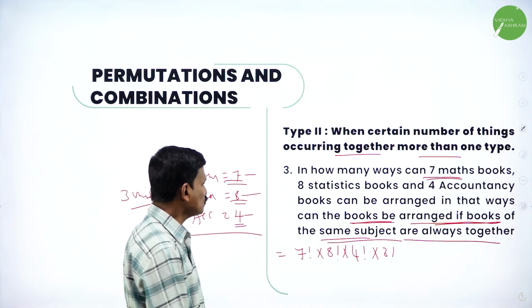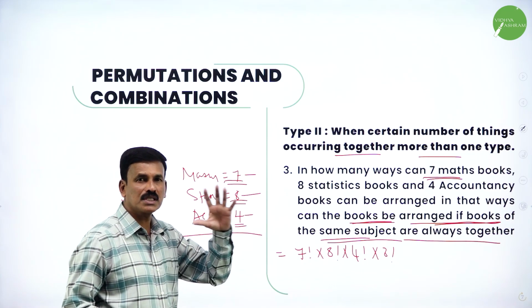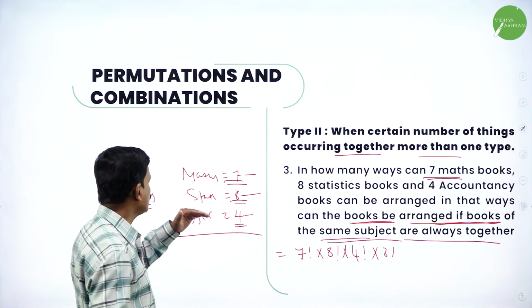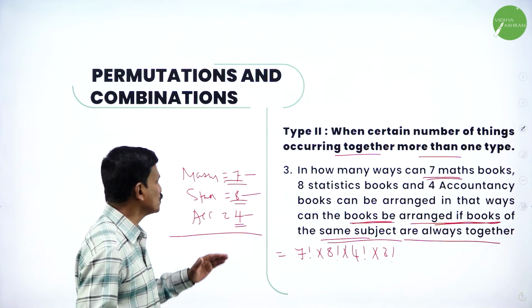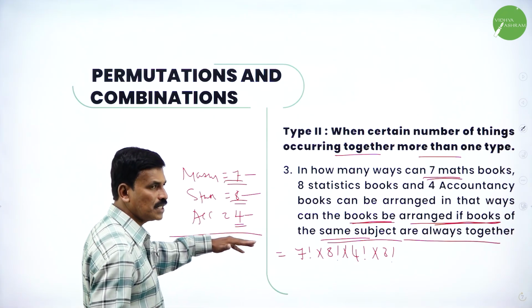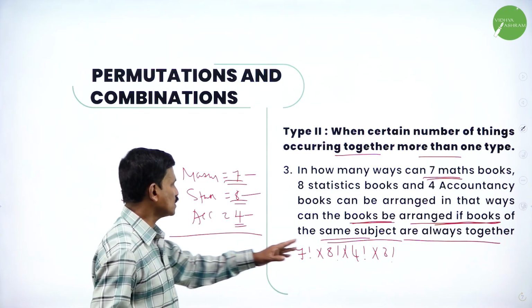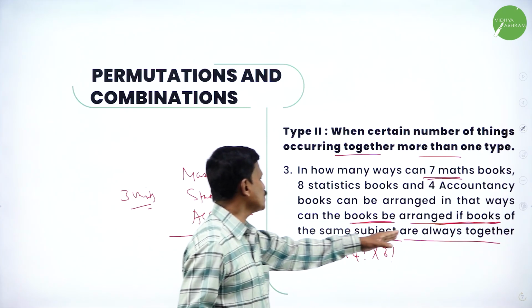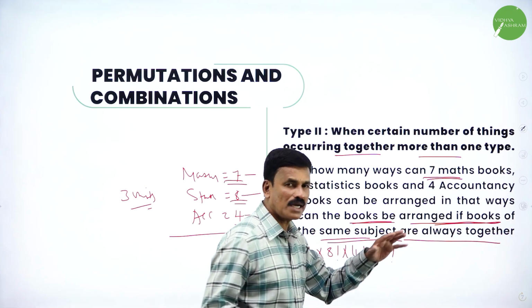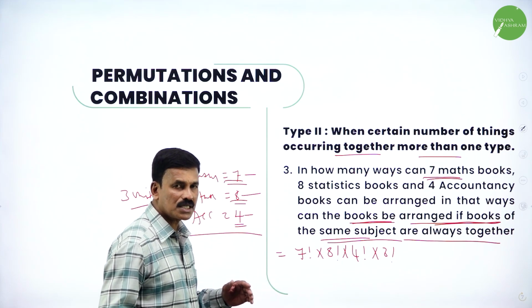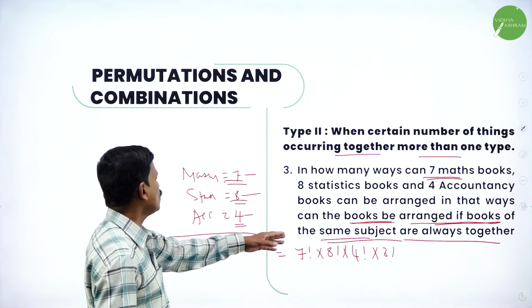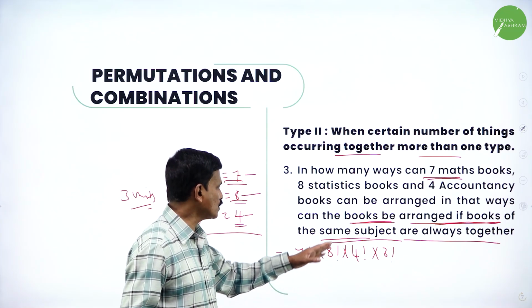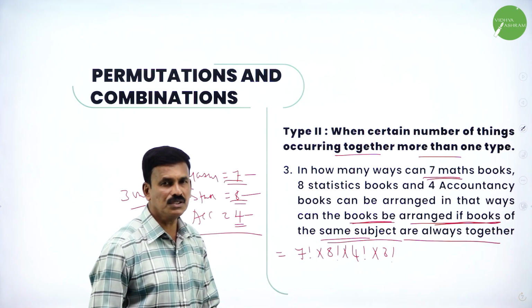Listen to me. Consider all maths books as one unit, all stats books as one unit, and all accountancy books as one unit. So totally there are 3 units, that is 3 factorial. Books of the same subject, maths, accountancy and stats, must always be together, which means 7 factorial into 8 factorial into 4 factorial into 3 factorial.